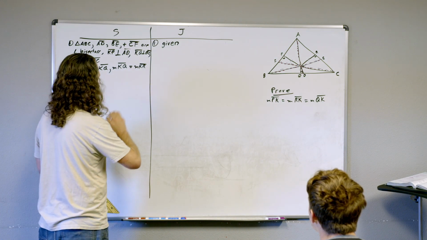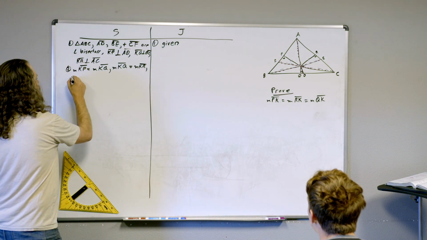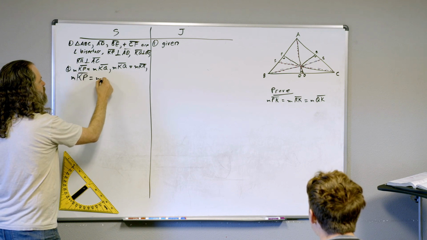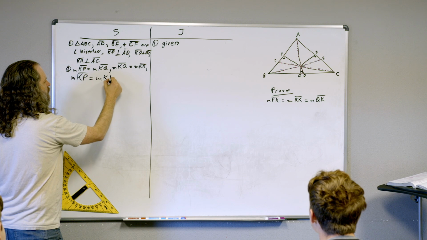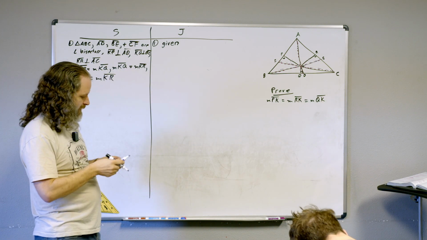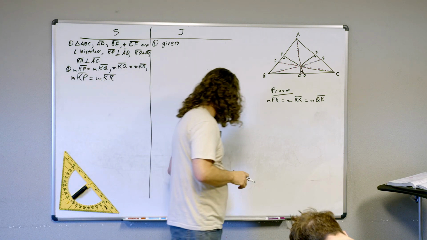Their measures are equal. The measure of KP equals the measure of KR, because angle bisectors are equidistant from their sides.